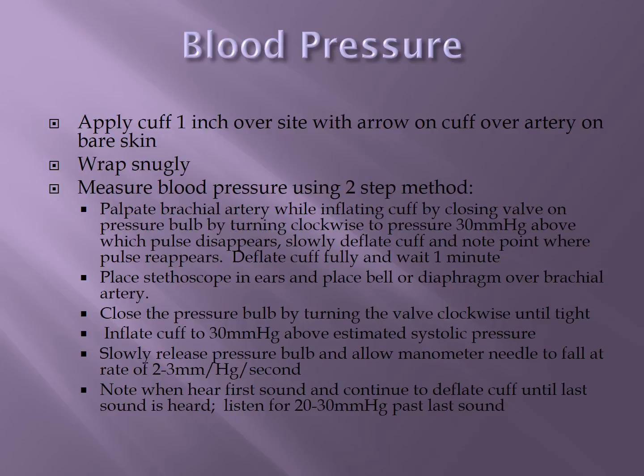You're slowly deflating it at 2 to 3 millimeters of mercury per second. You listen for the last sound, and that is your diastolic pressure. You continue to deflate it for about 30 millimeters more below that diastolic pressure, and then you can just go ahead and let all of the air out of the cuff.